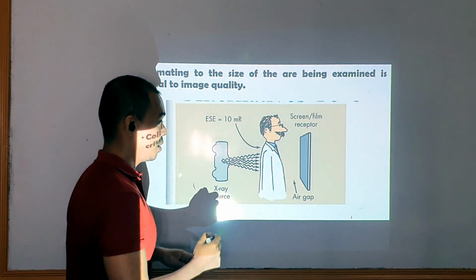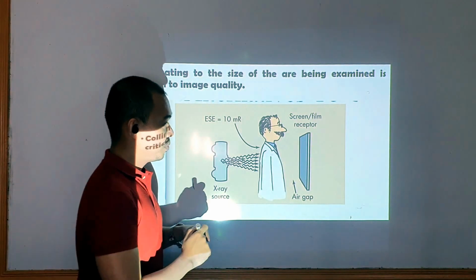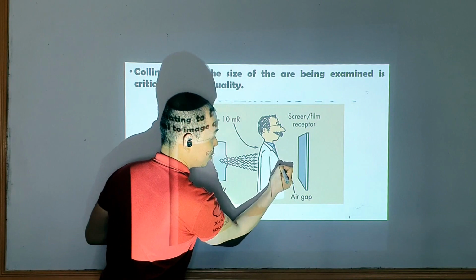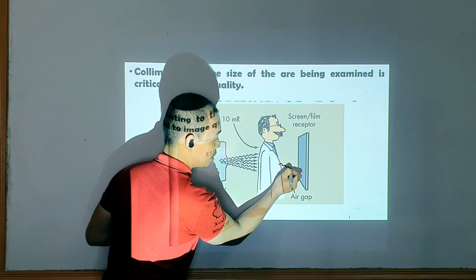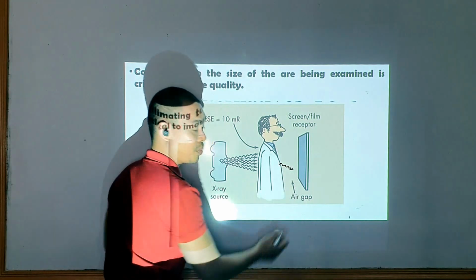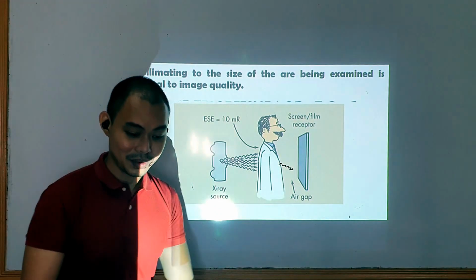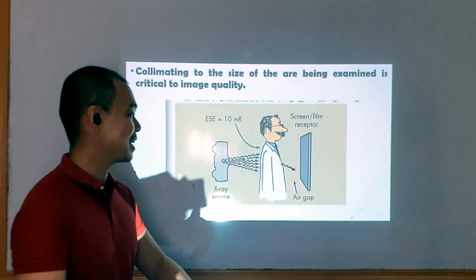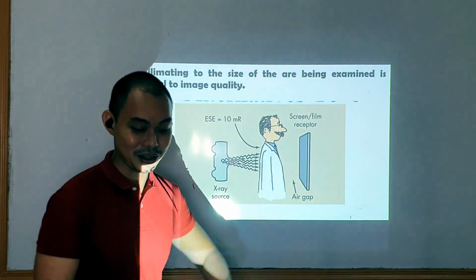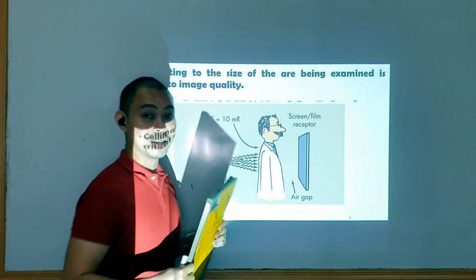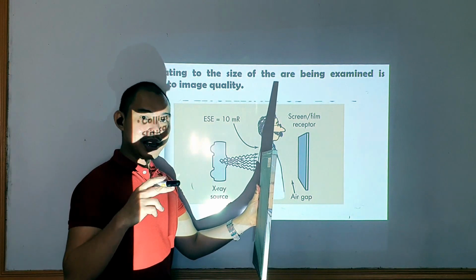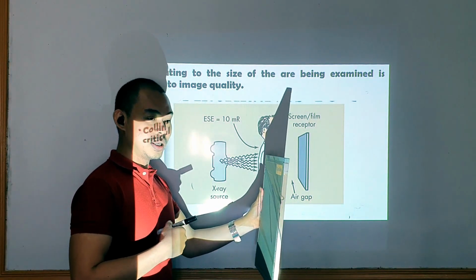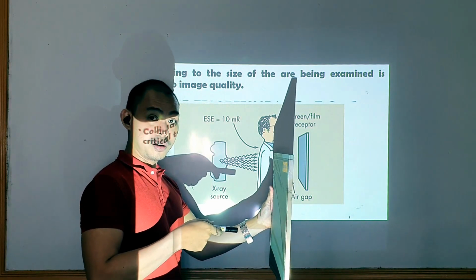Why? Because what if the scatter radiation is here? And then it will stop here. See? So that's another way of reducing the amount of scatter radiation, because of the air gap technique. What if the scatter radiation that is produced during this examination will just reach here because of the distance?